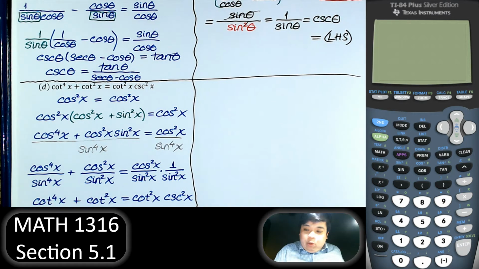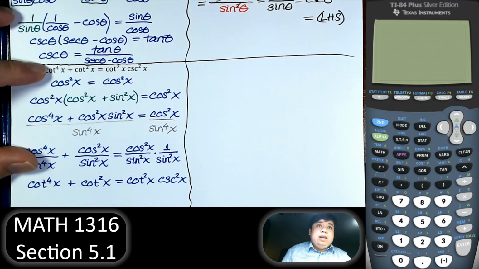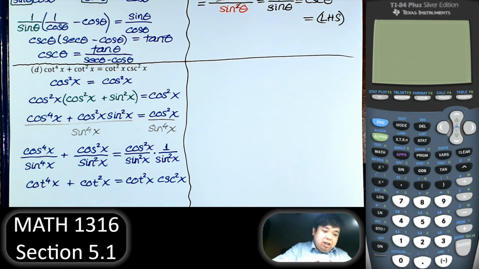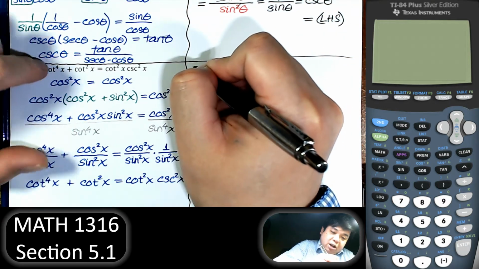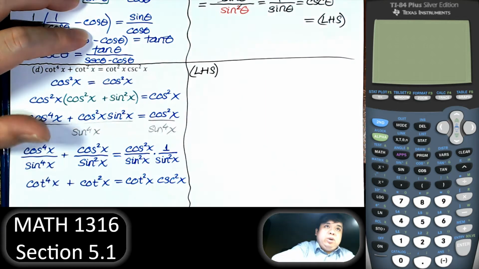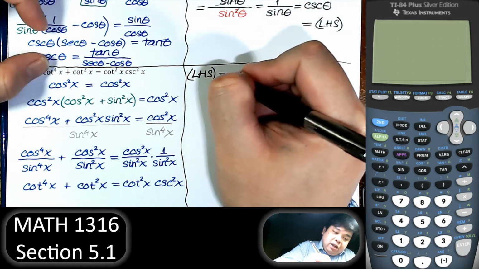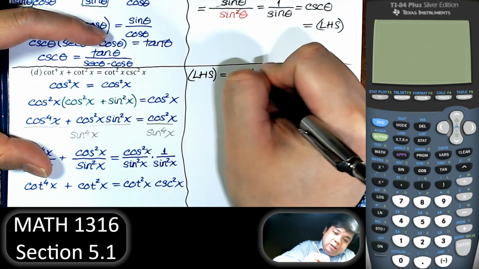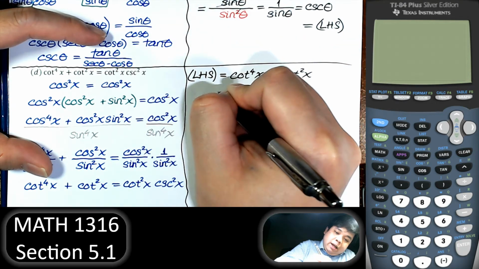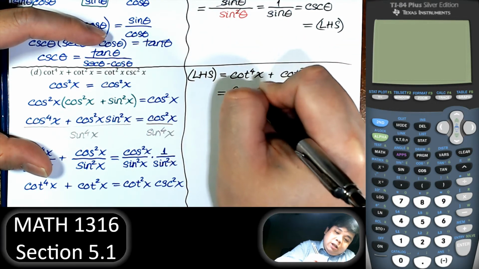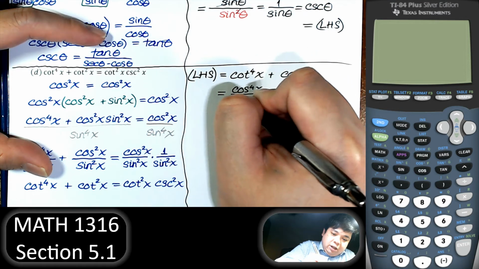Now, if we have to prove this, which one is more complicated? Actually it doesn't matter, but I just go from left to right here. I think the left side is more complicated, so we can simplify from here. Right, so I start from the left hand side, which is cotangent plus cotangent square. Now cotangent is cosine over sine.